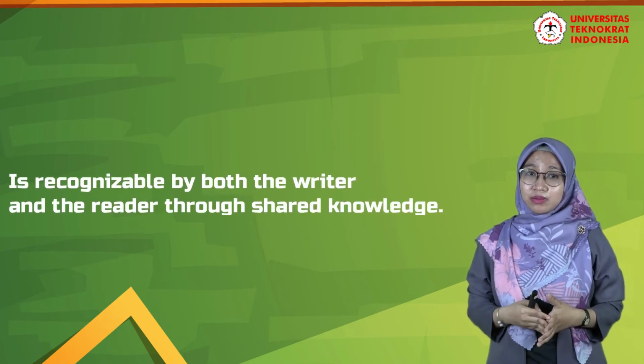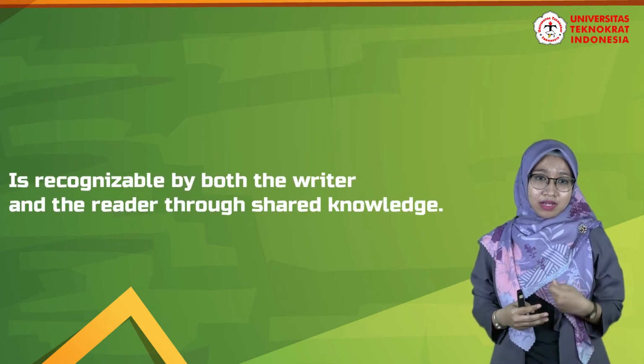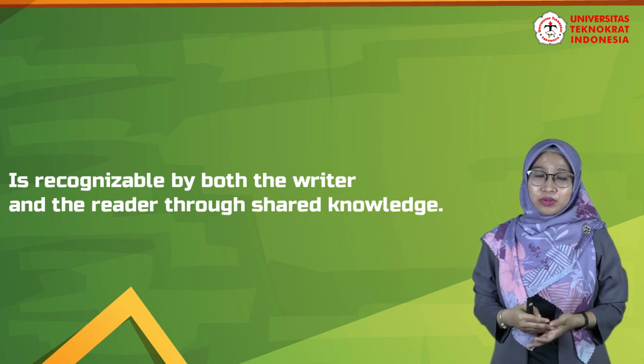Okay, the next one. We use the definite article the when the noun is recognizable by both the writer and the reader, or the speaker and the listener, through shared knowledge. It means that both parties have the same knowledge of that particular noun.